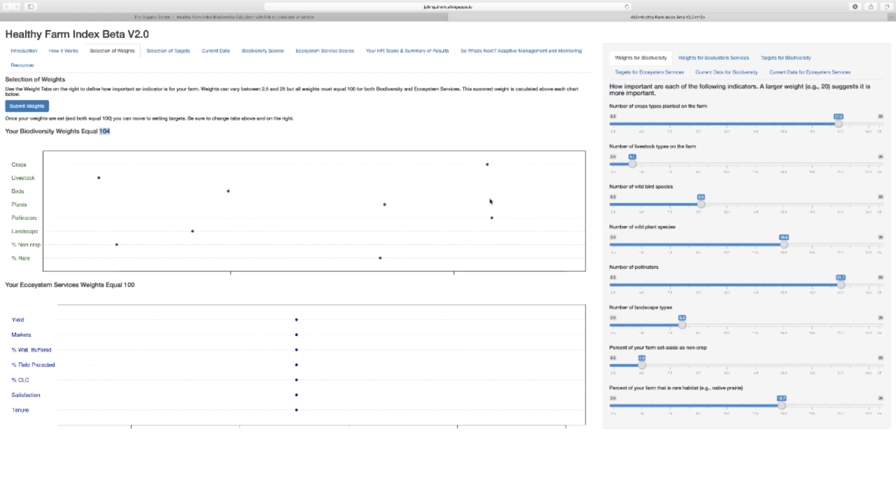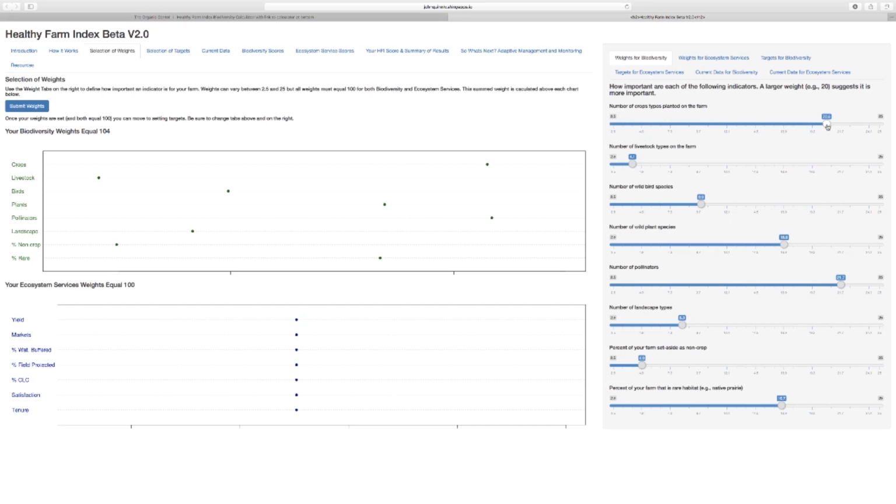So, crops and pollinators are more important on your farm than livestock and percent non-crop. However, this provides a check that your weights need to equal 100. This forces you to recognize that there are trade-offs in what you might manage a farm for.